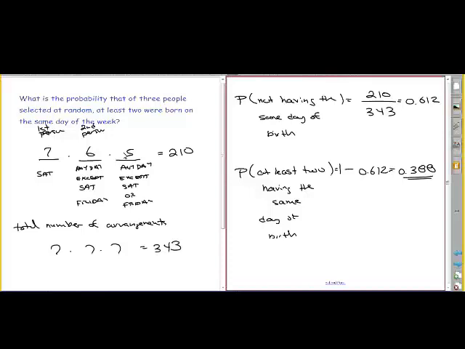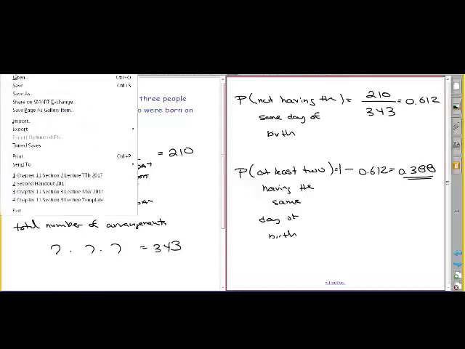So there were 7 choices, and there were 6 choices in the second part of the process, but the number didn't change. If this person was born on a Friday instead, you'd still have 6 choices in the second case. Now, with conditional probability there is actually an effect. The choice you make the first time is going to affect the probability of what happens in subsequent steps. So that's what we're going to talk about.